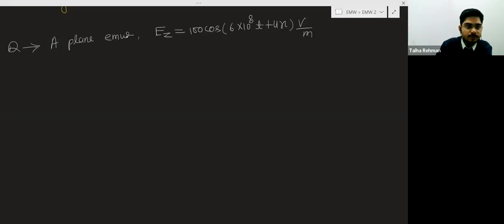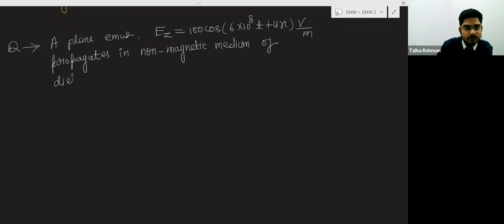This is the equation of the wave, which propagates in a non-magnetic medium of dielectric constant, which we have to find in this question.